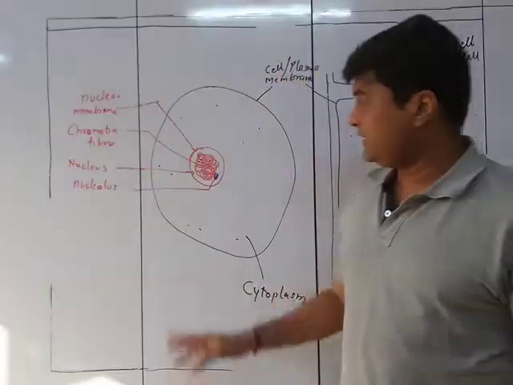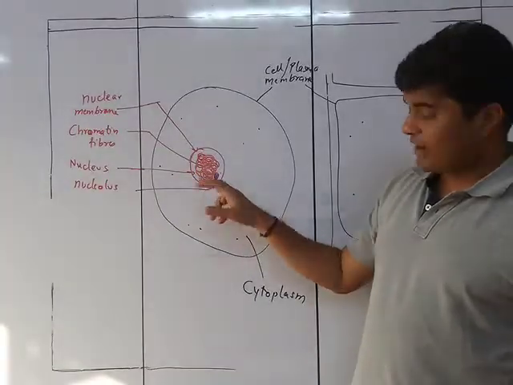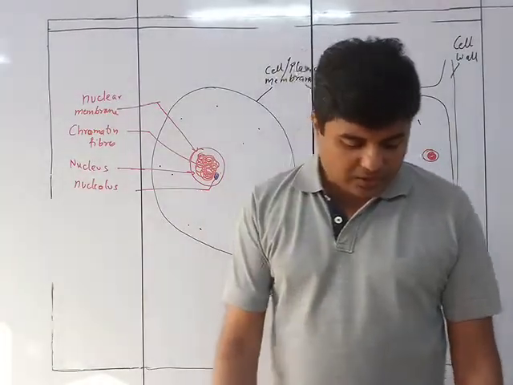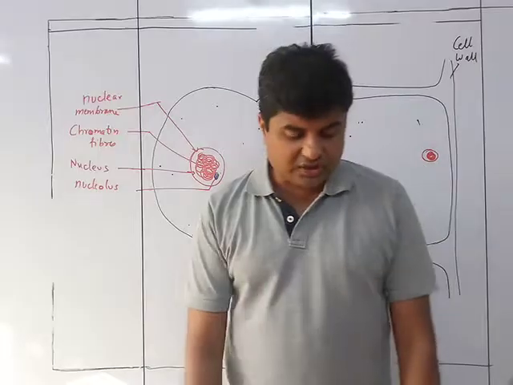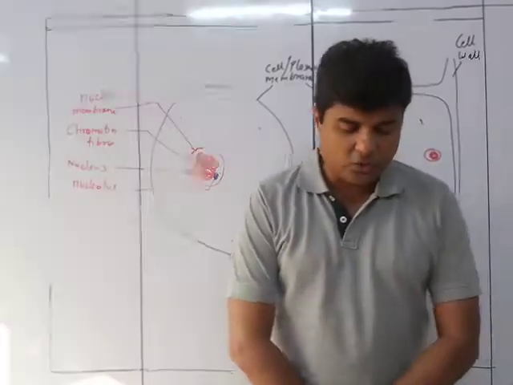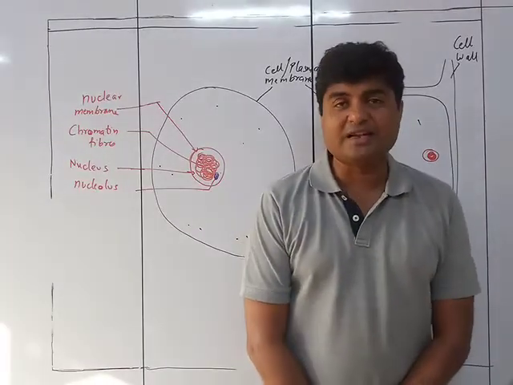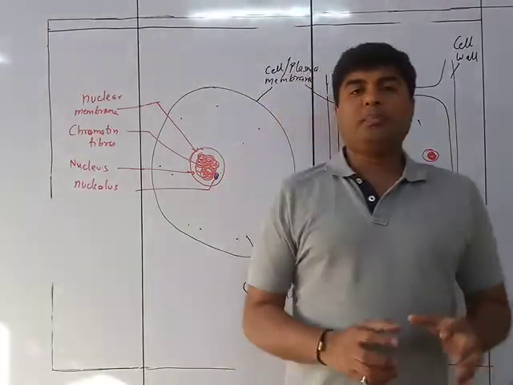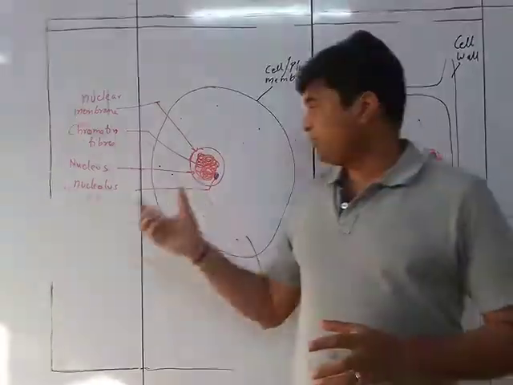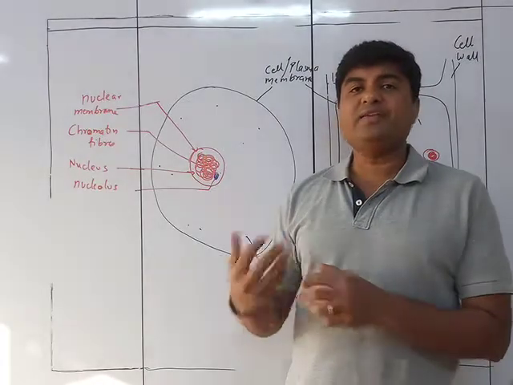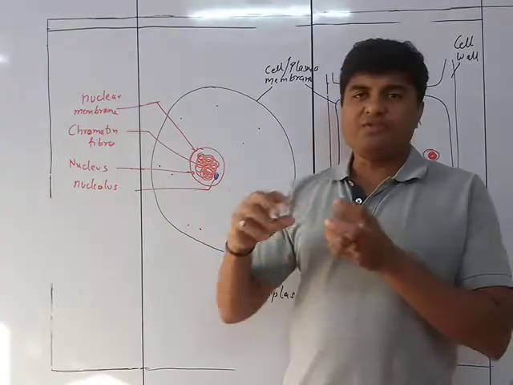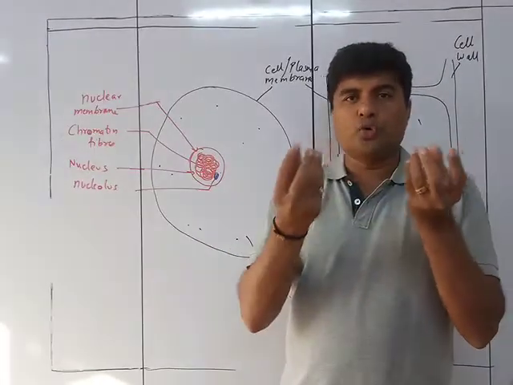And next are the chromatin fibers. These chromatin fibers are a network of thread-like structures in the resting stage. The nucleus condenses them into chromosomes during cell division. So before the cell division, it is in this form, but when the cell division is going to take place, these chromatin fibers bundle up to form chromosomes.